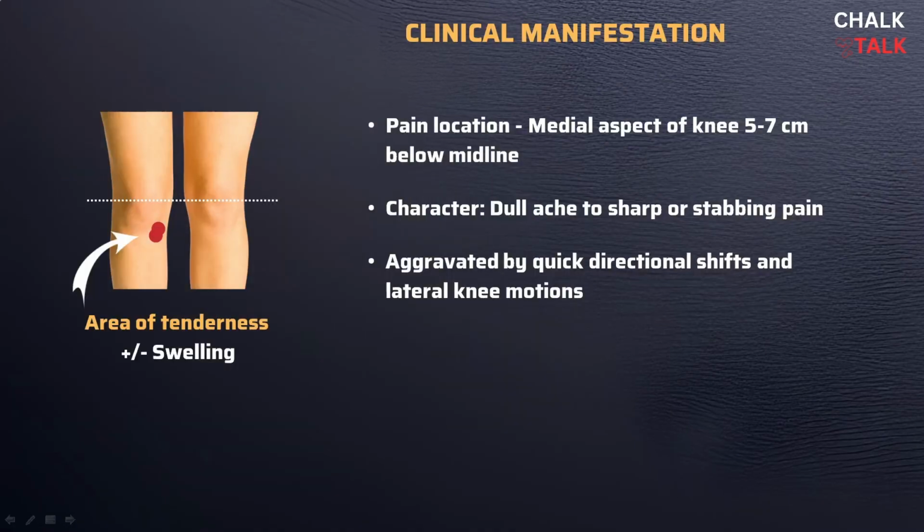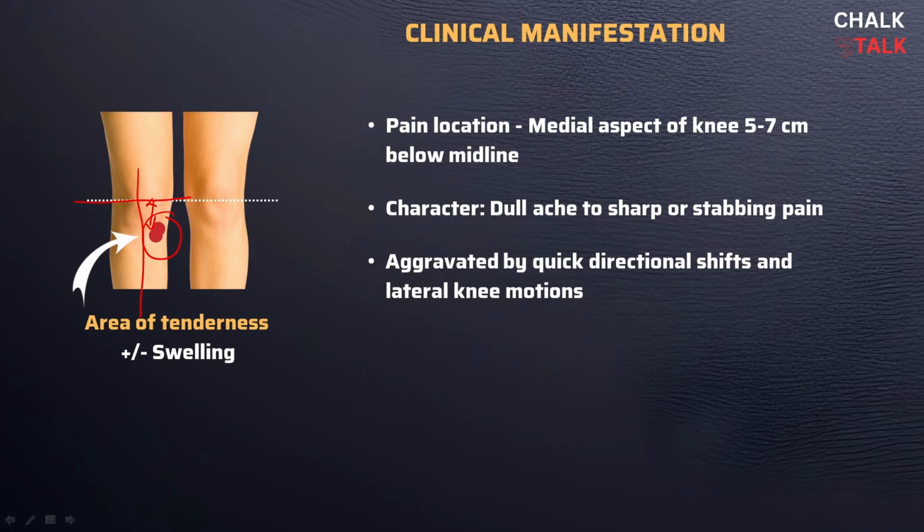All right, so clinically, Pes Anserine bursitis usually presents as pain on the medial side of the knee. It's very important. If it is on the lateral side, probably you're dealing with something else. So here we are looking at the medial side of the knee, about 5 to 7 centimeters below the joint line. You can see the joint line right here. This is the knee.